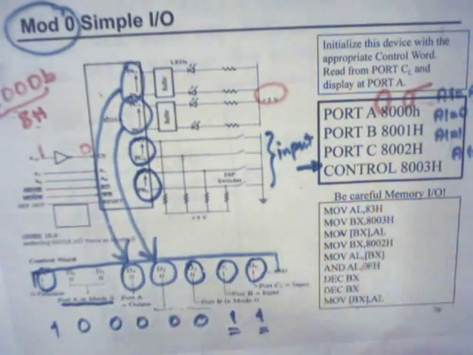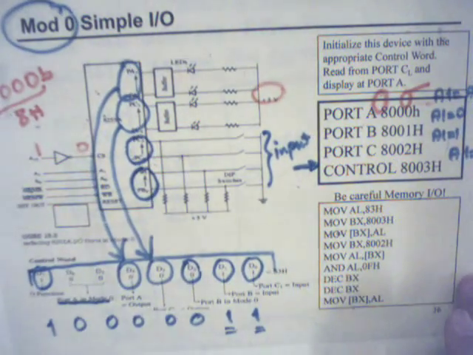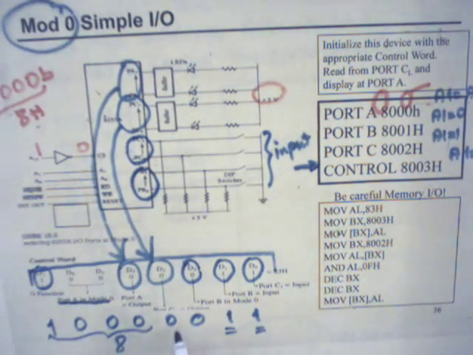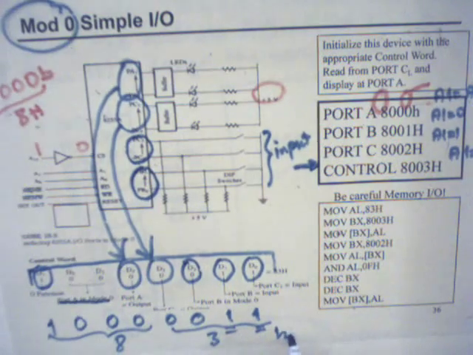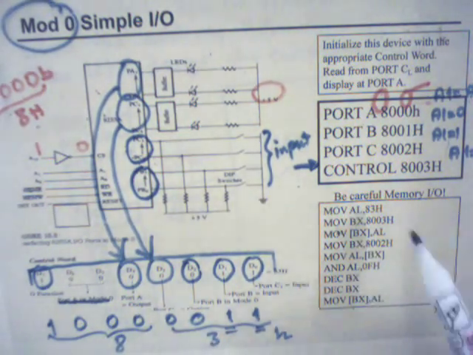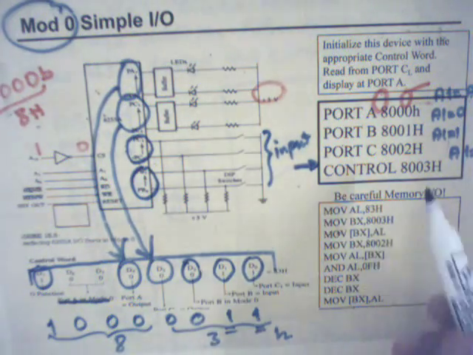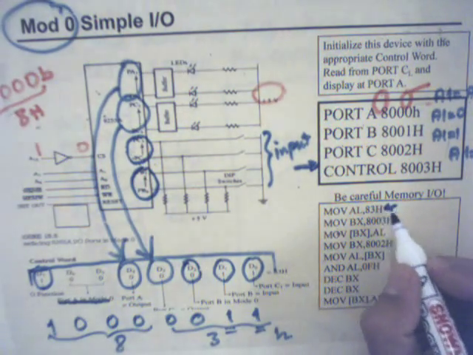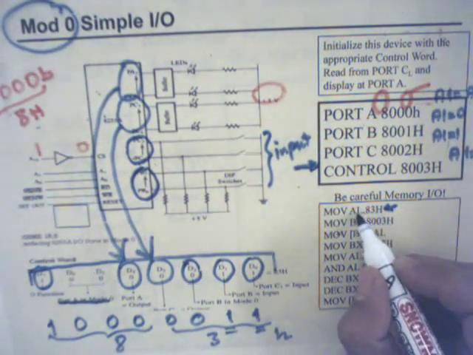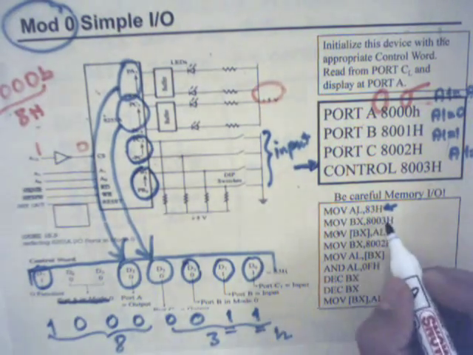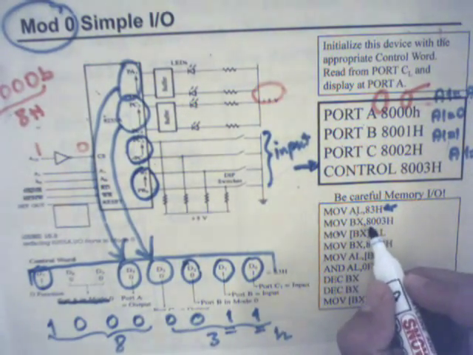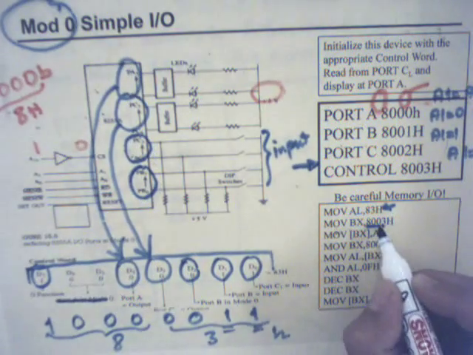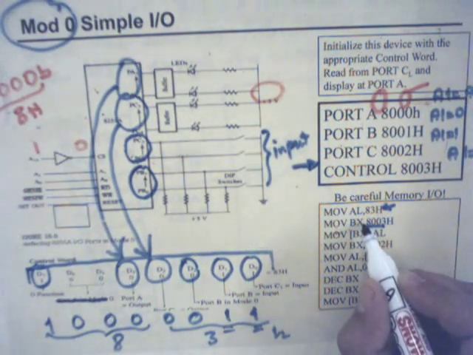Now, as a result, the control word is 83 hex. Now let's try to design the program. This number 83 hexadecimal is stored in the lower byte of register A. Then this hexadecimal number 8003 is stored at register BX.